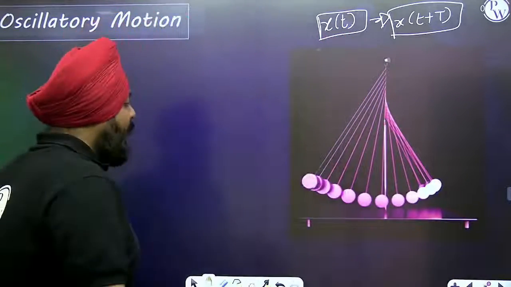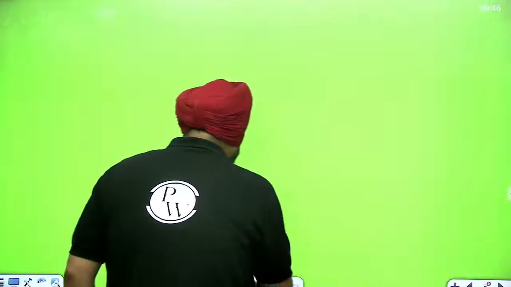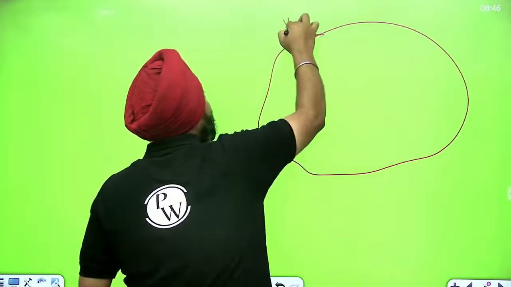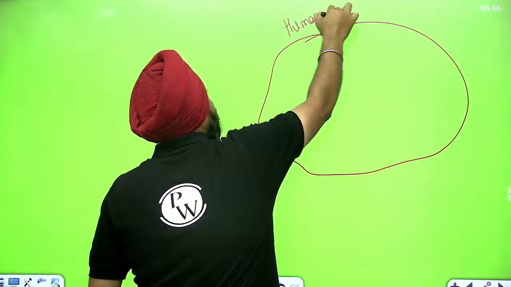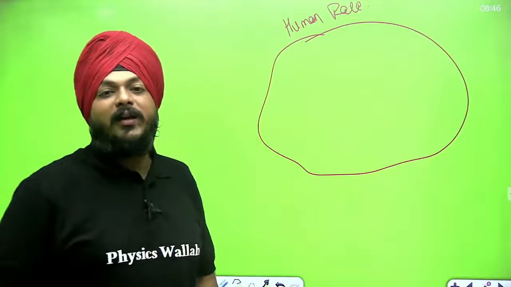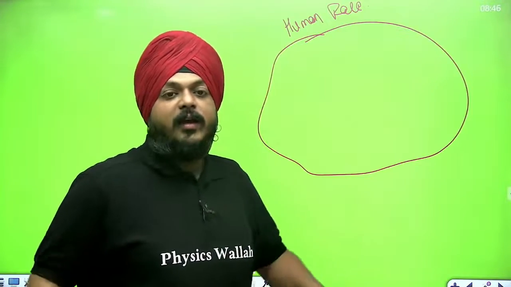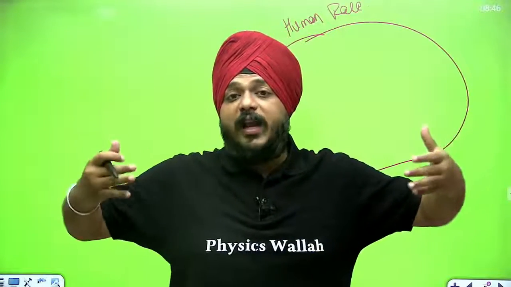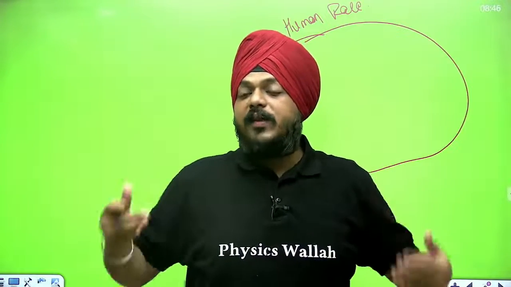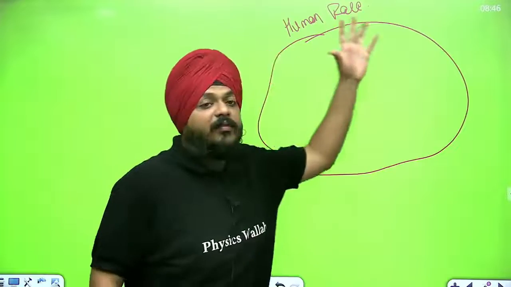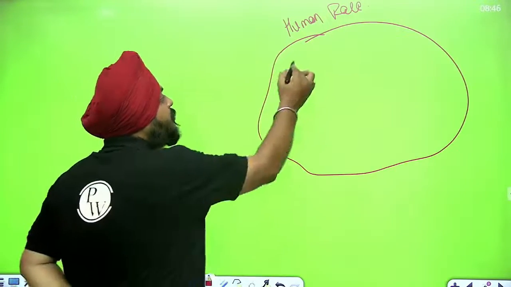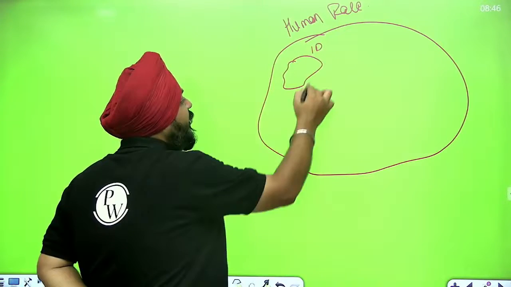The example is this: the whole human race has n number of civilizations. Can I compare the n number of civilizations of the human race to the different categories of motion? The first civilization, I must say, is rectilinear motion.